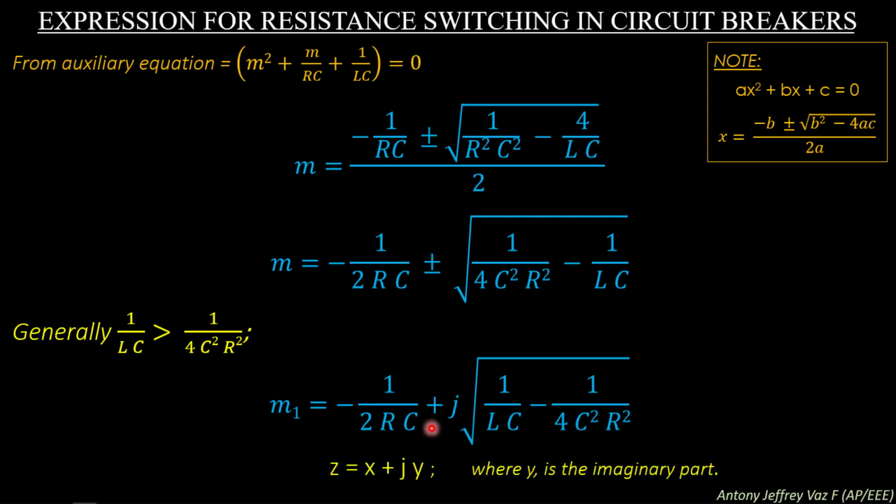This root is of the form z is equal to x plus jy, where y is the imaginary part. So this part is the imaginary part and this part is the real part for the root m1.